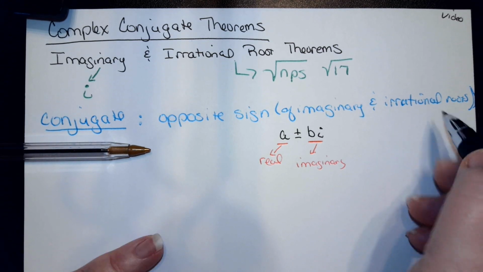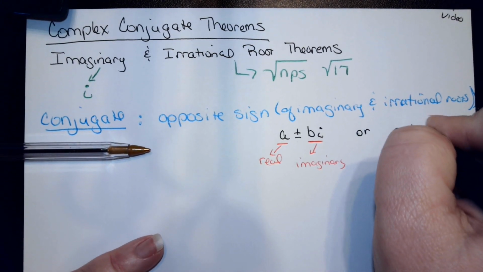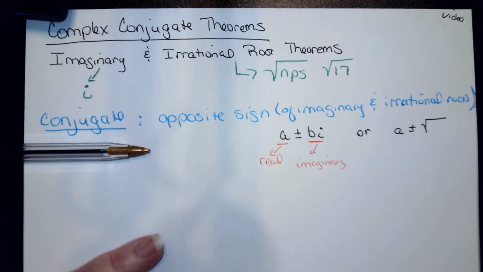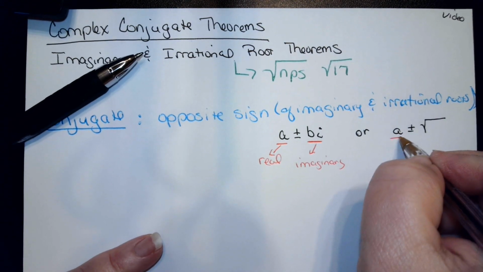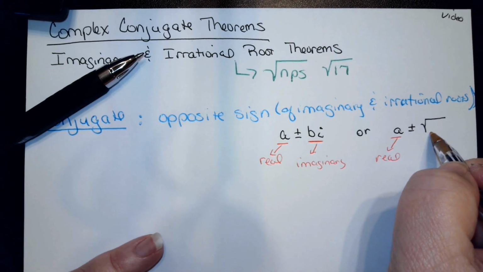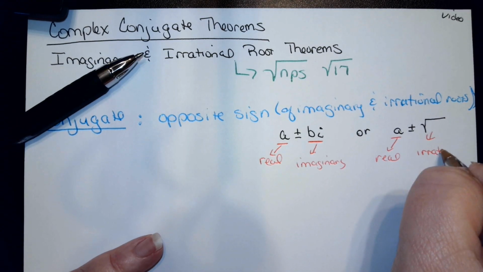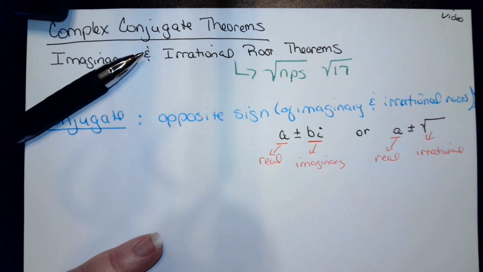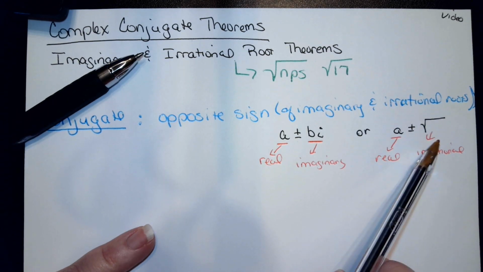For irrational roots, it's going to be a plus or minus the square root. Once again, the a is your real part of the solution, and the square root is your irrational part of your solution. So again, we're only going to take the positive and negative of the irrational part.